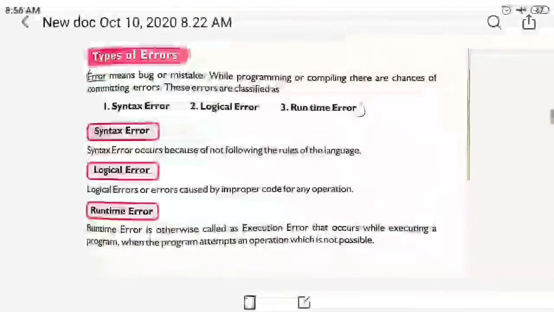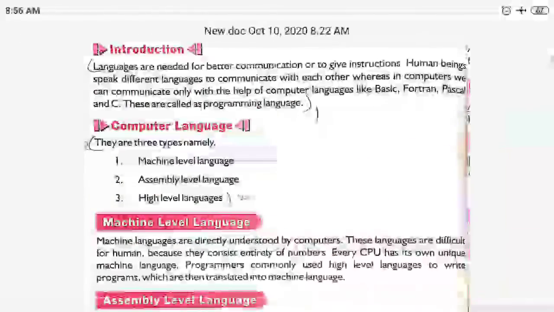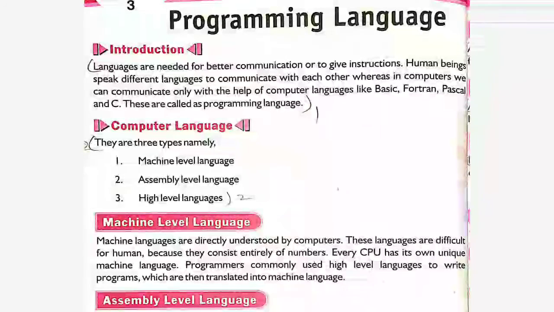Next one, what are the different categories of programming language? The same page number 14, the three types: machine level language, assembly level language, and high level language.